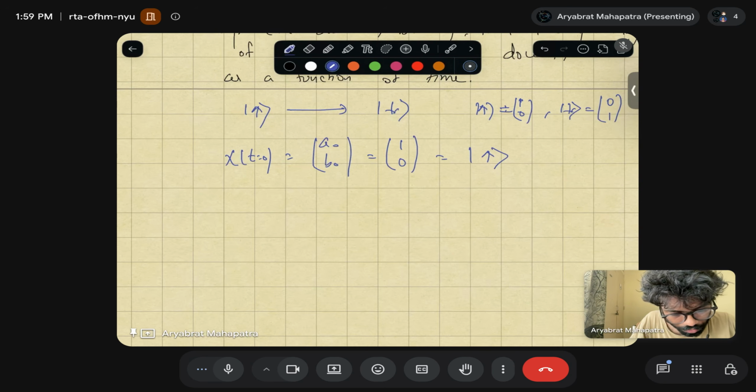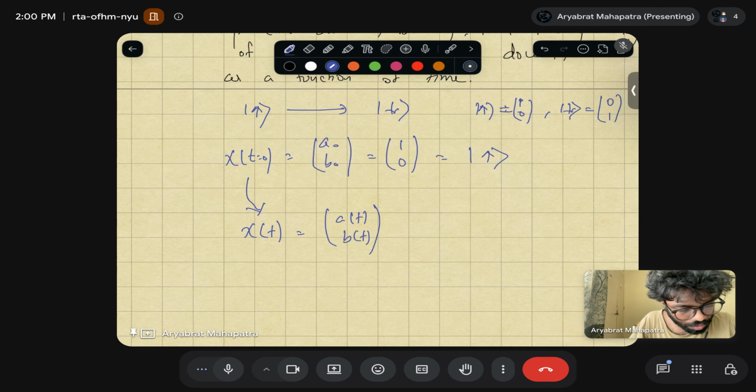If we start out with this chi 0 and evolve it using the Schrodinger equation, letting the system go, then it will be something like a of t and b of t.